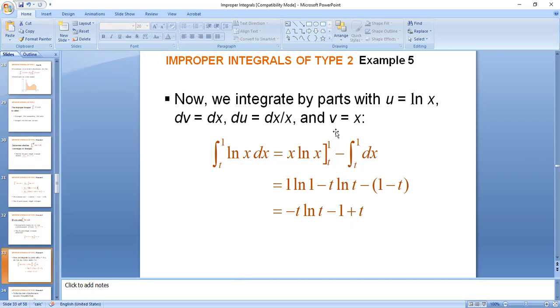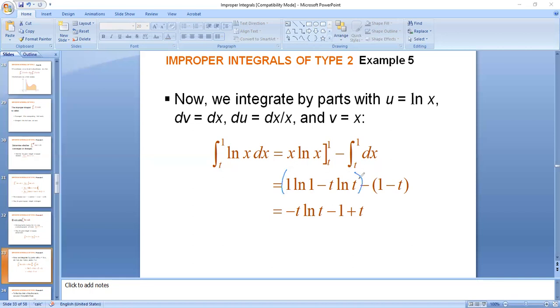Your v is x, and your du is dx over x. The x's cancel each other, so you'll be left with dx. Now, if you process this, substituting the limits t to 1, you substitute 1 first because it's the upper limit. So 1 ln 1 minus t ln t.